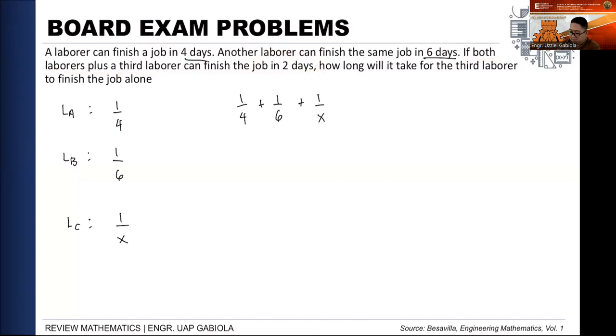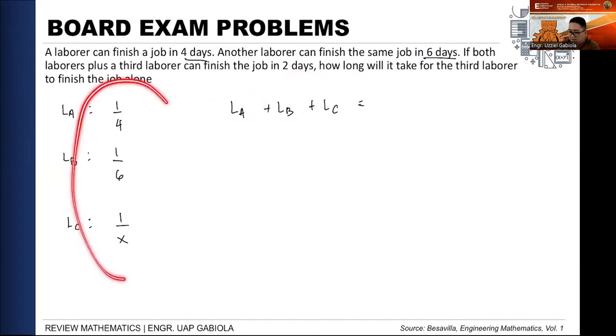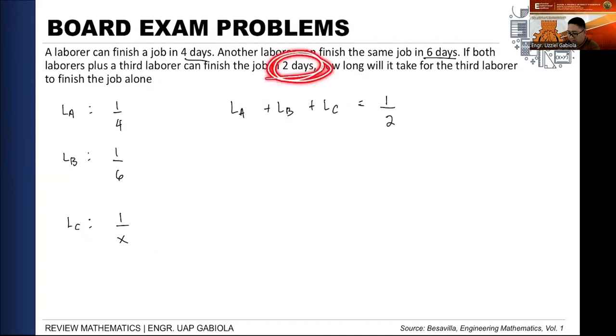Si labor A plus labor B plus labor C, matatapos daw nila yung work in 2 days, no? Pero since yung LA, LB, and LC natin are all in terms ng rate, dapat rate din to na 1/2. Kasi in 2 days daw kaya nilang tapusin. Okay?